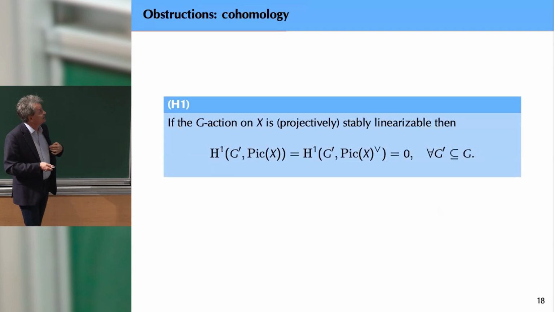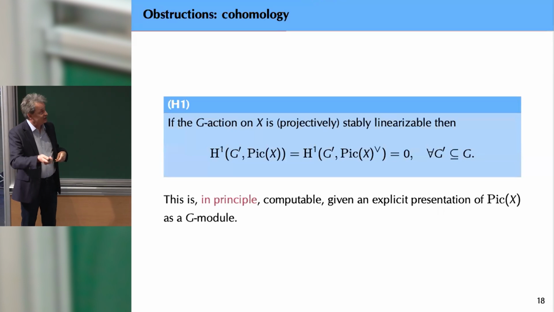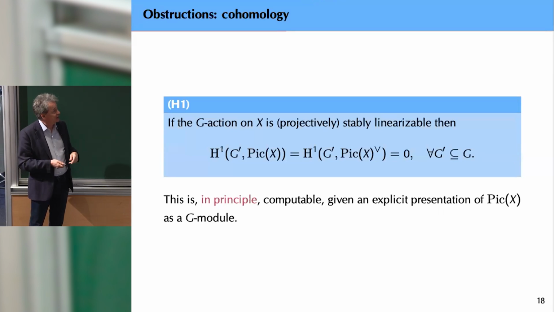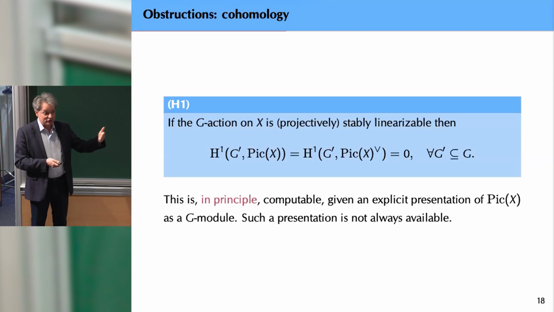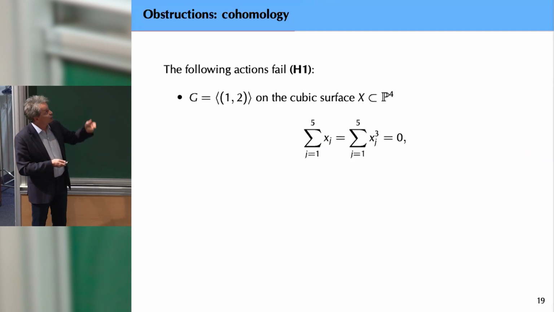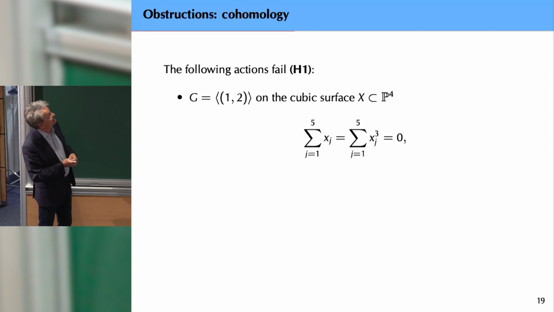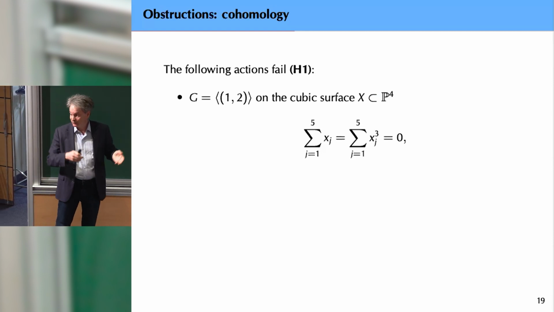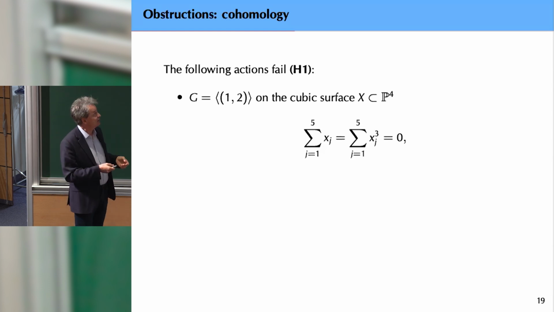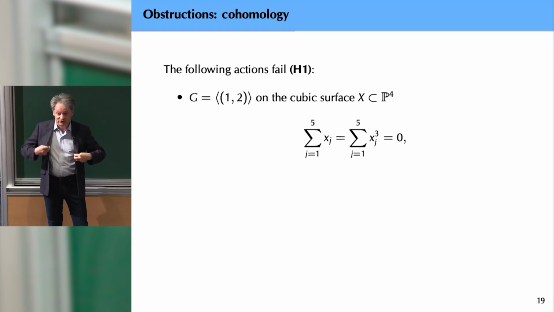So, H1, that I already mentioned: if you are projectively linearizable, then H1 has to vanish, and this is computable given an action on the Picard group. And so here is an example where you get this kind of obstruction. Look at this cubic surface. It's a hyperplane and a cubic, so it's a very symmetric thing. And you can look at the action exchanging x1, x2.